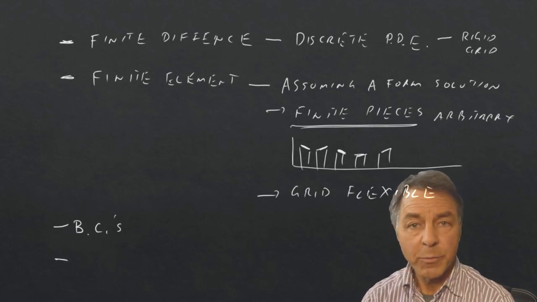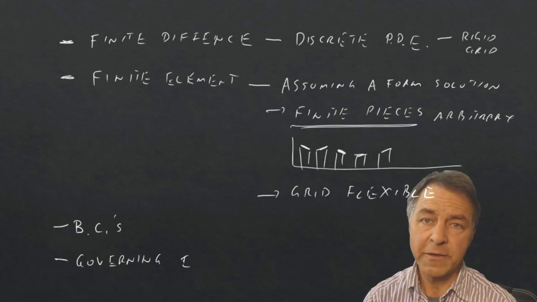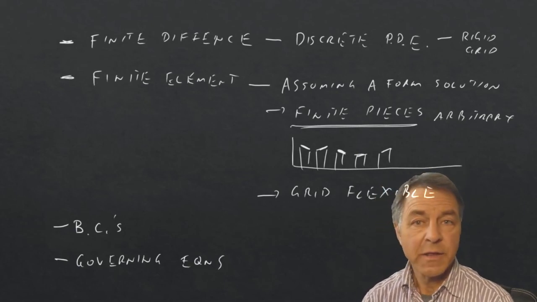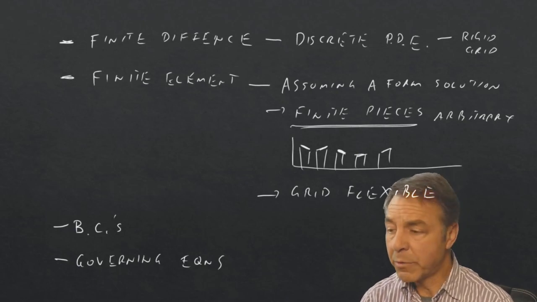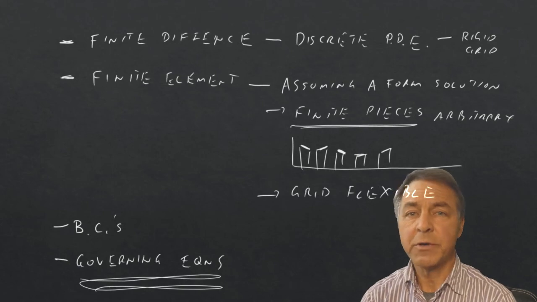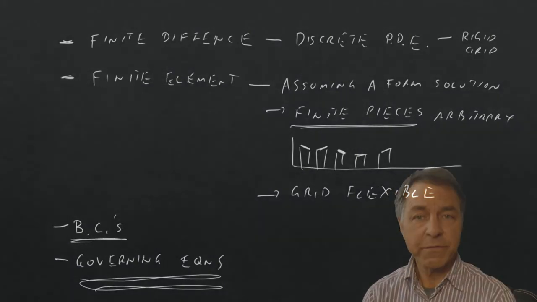You have to worry about boundary conditions. Boundary conditions are really important to defining the problem and giving you a correct solution. And likewise, the governing equations. Both methods rely upon choice of the proper simplified governing equation set for the physics you're trying to model.